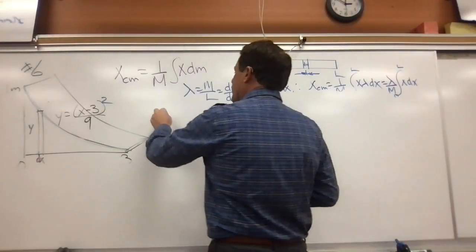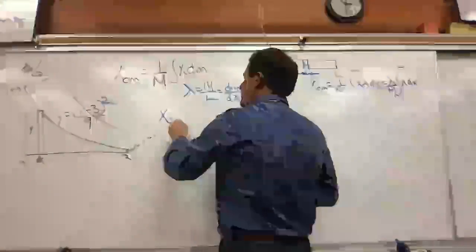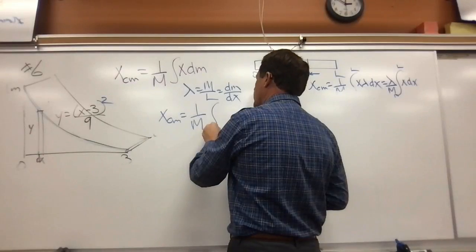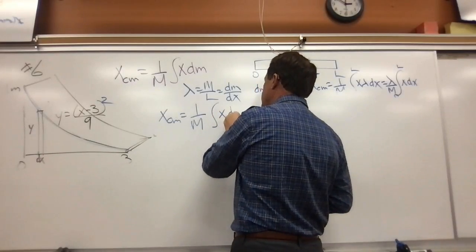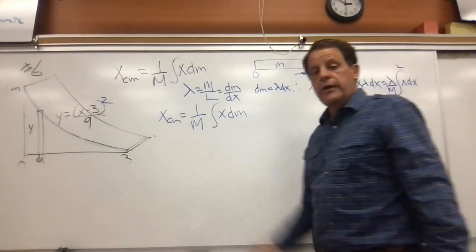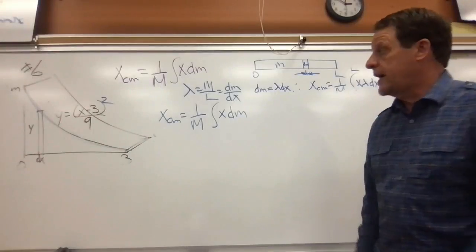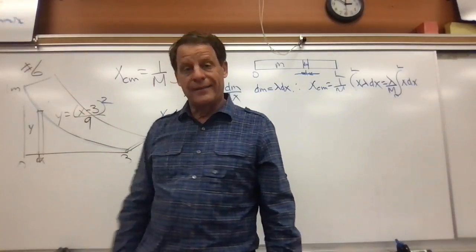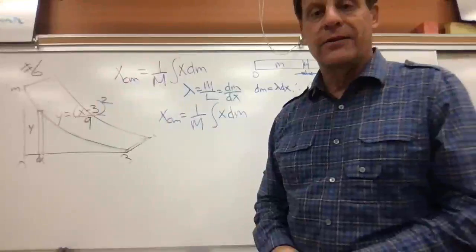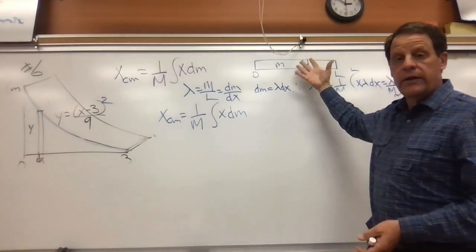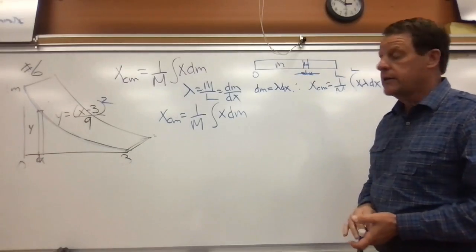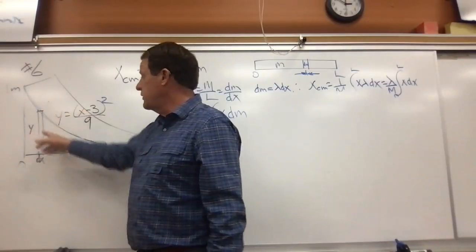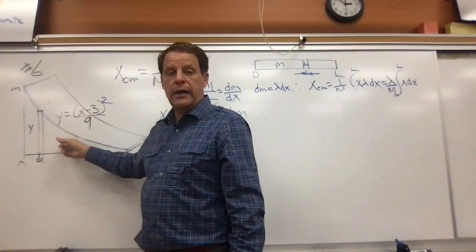So again, we start with x center of mass equals 1 over m times the integral of x dm. The biggest problem right away is that we do not know what the overall mass is, because it's not a regular object. And that object is going to vary depending on how much we have.